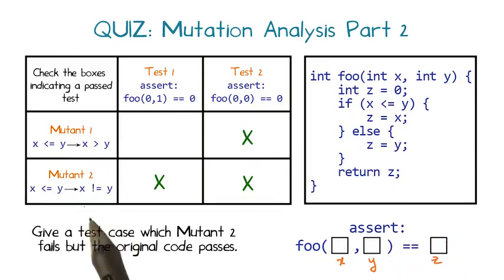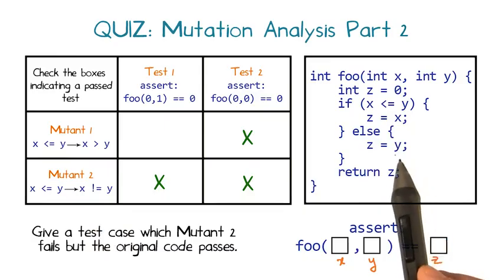If x and y are equal, then foo returns y, which equals x. Therefore, foo always returns x. So in order for foo of x, y equals z to be a false expression, z must not be equal to x. Therefore, we need to choose x, y, and z so that z is the minimum of x and y, but not equal to x.